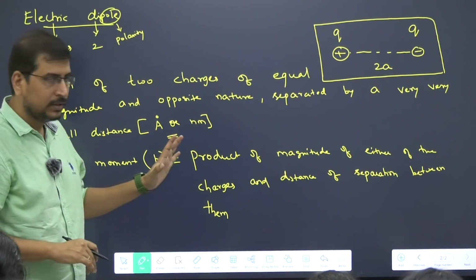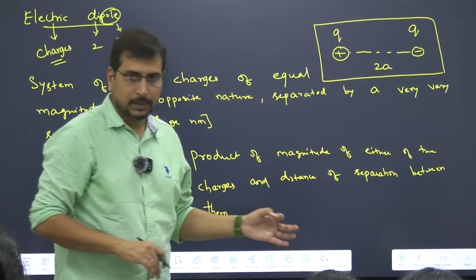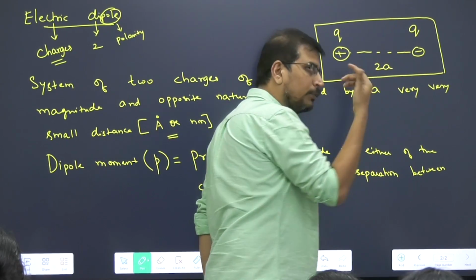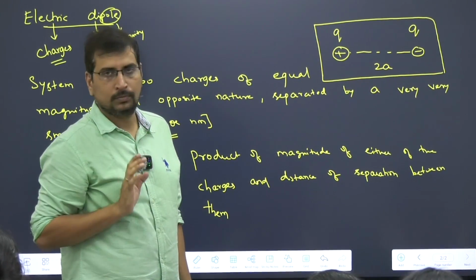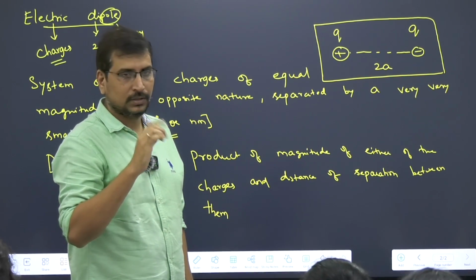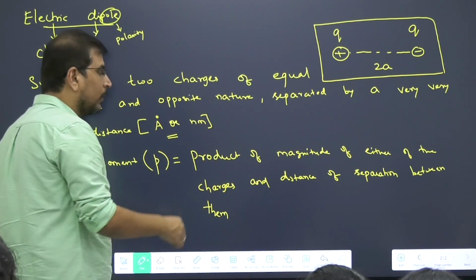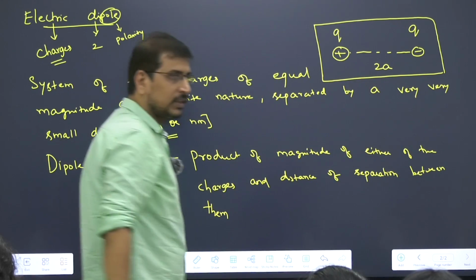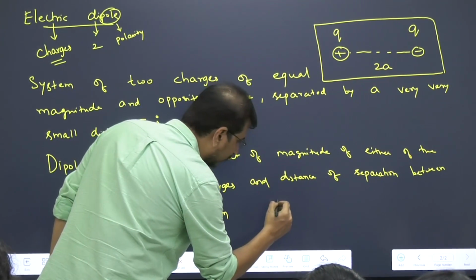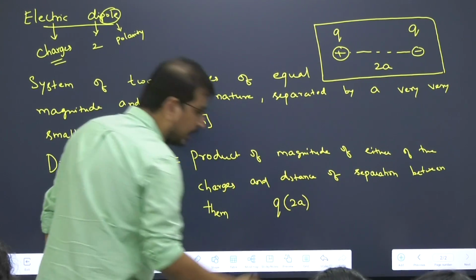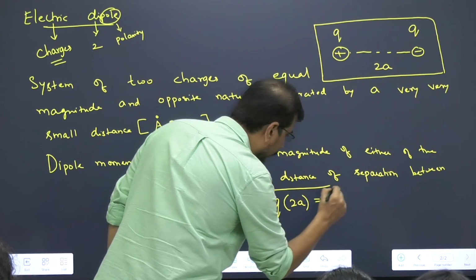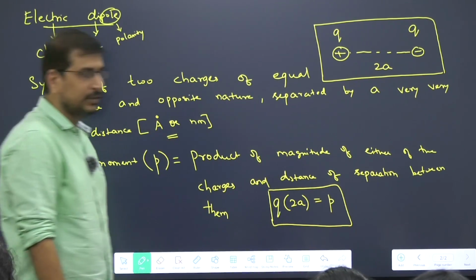So what does the definition say? It says you need to multiply two parameters. One is the magnitude of either of the charges, which is q. You don't take both of them together. You take the magnitude of either of the charges and multiply it with the distance of separation between them, which is going to be 2a. If you are able to write this q into 2a, then this mathematical parameter is what is called dipole moment. I hope it is clear.